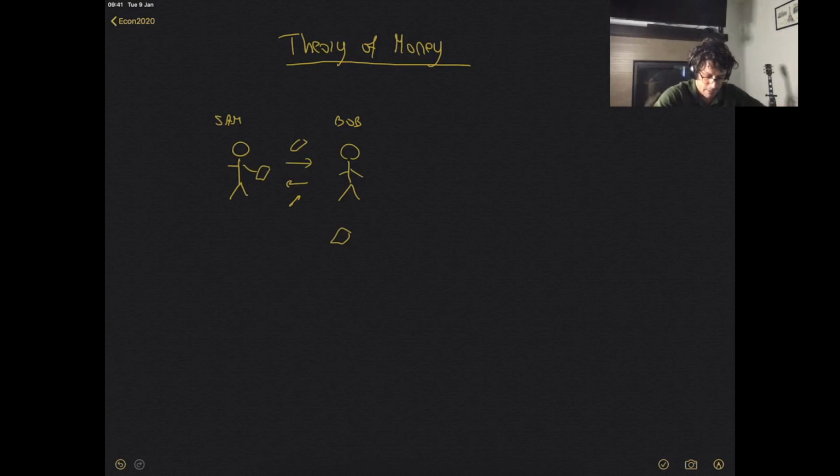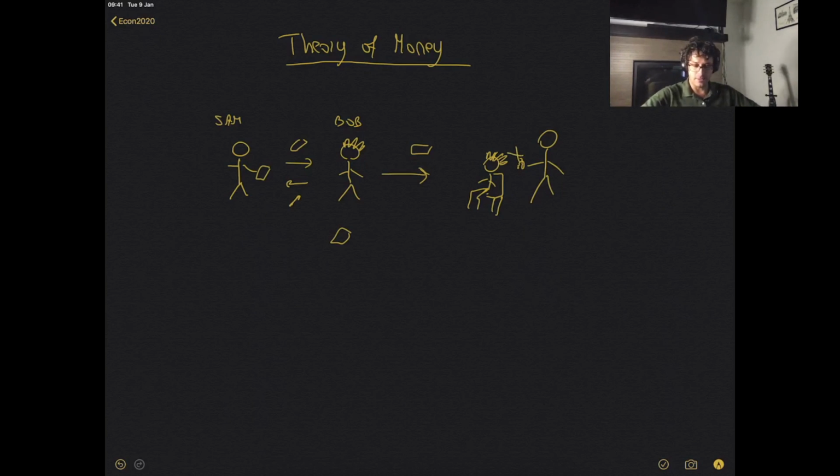Because maybe he wants to go and get a haircut. So let's suppose Bob has this hair here. So what he does basically is going to pay, say, Anne, these are supposed to be scissors. Okay, so basically he's paying Anne in order to get in exchange a haircut.